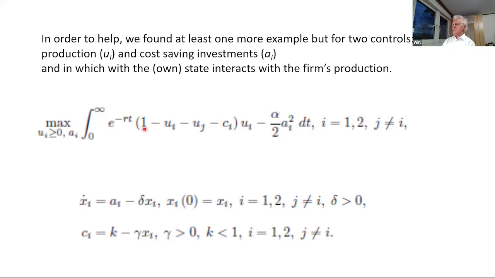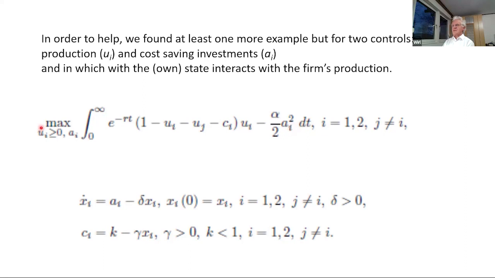Okay, so the objective here is the same. 1 minus the production determines the price. This is the cost of player i. So this is the profit per unit. This is then the profit, and we subtract costs. So there are two controls.